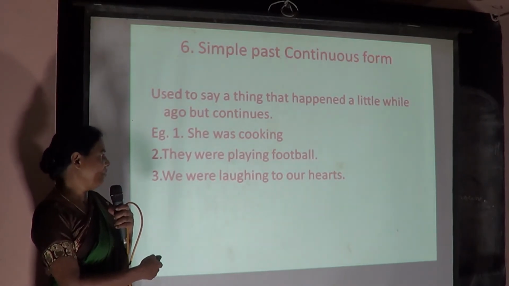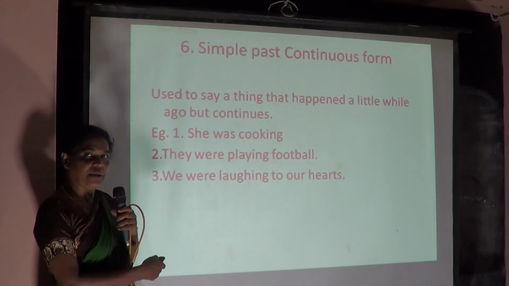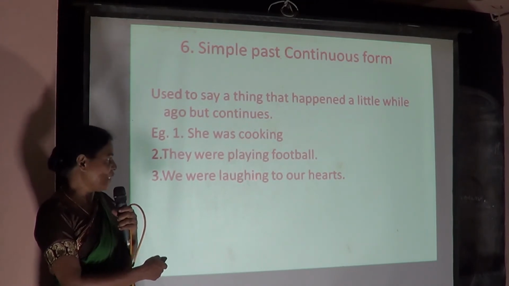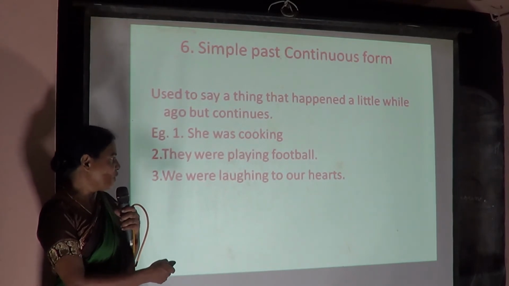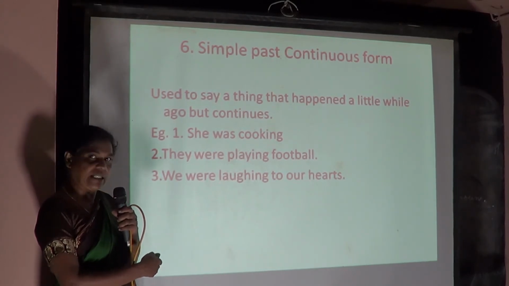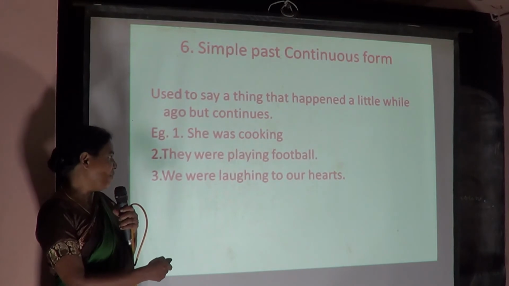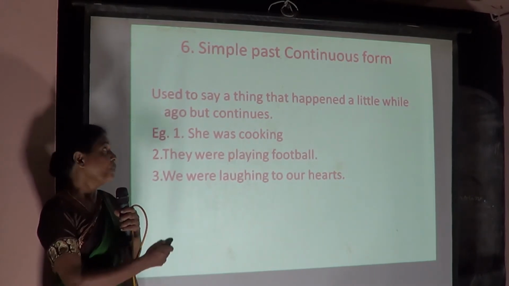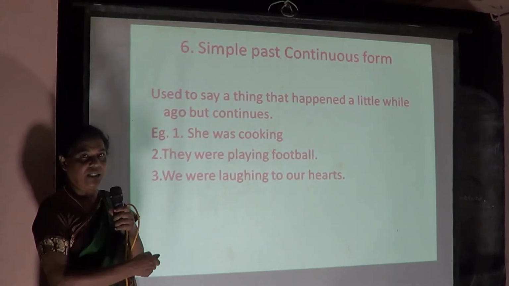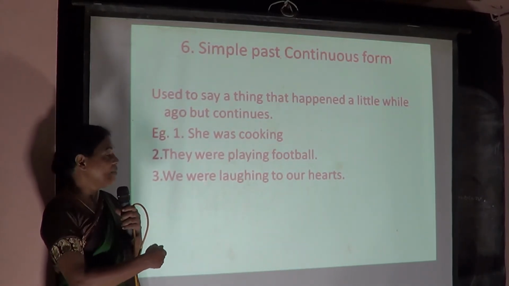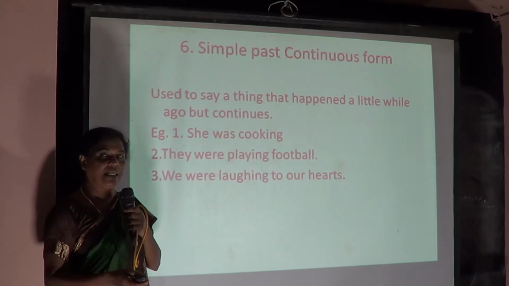Laugh is the main verb and it takes the progressive form ing. Thus it becomes were laughing to our hearts. Were is in the past tense. This is how the past continuous form of the tense functions. Is that clear? So apply these terms in your practical writing and speaking.